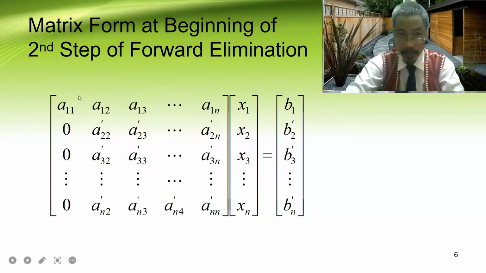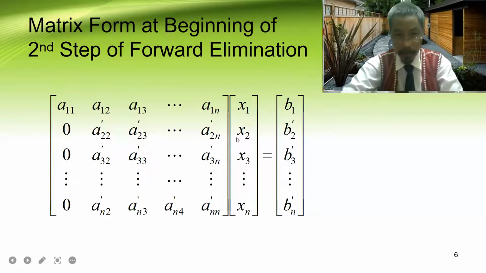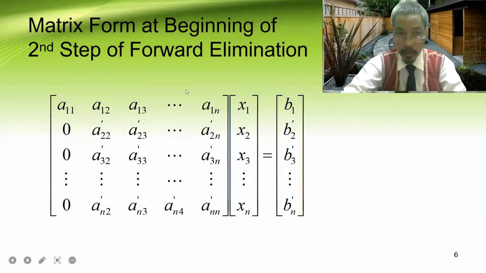And because of that, the resulting equation has to be subtracted from equation 2 and it will become 0. Okay, so that's all that matters. That's why we call it pivot. This is the pivot component.